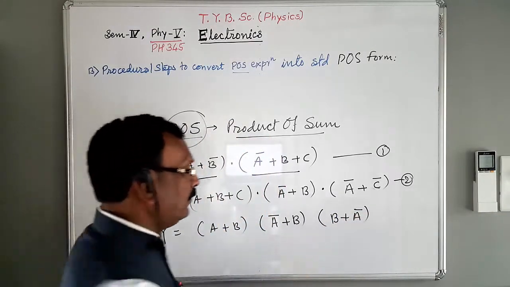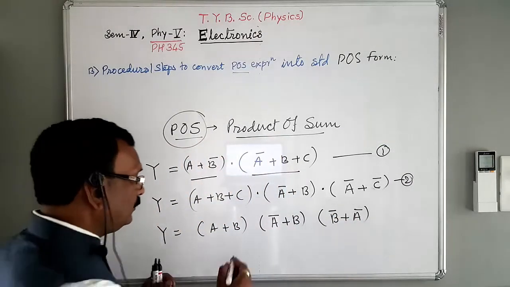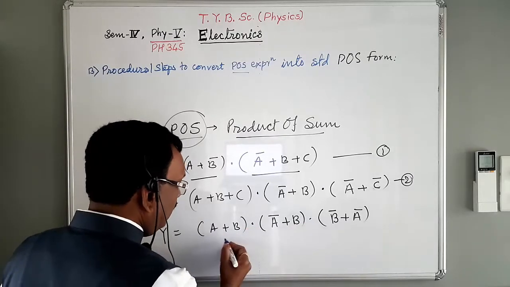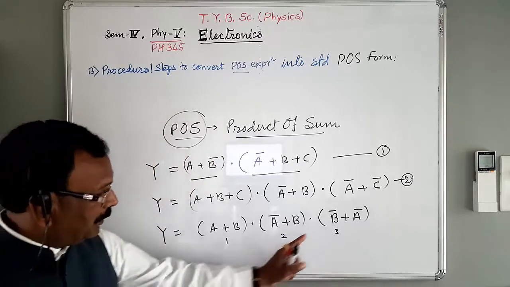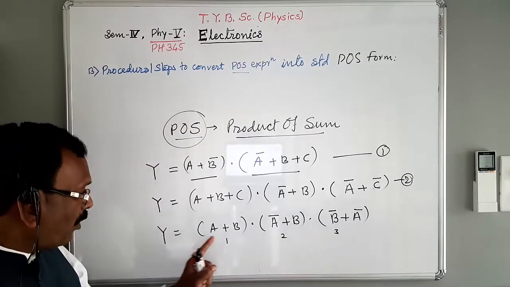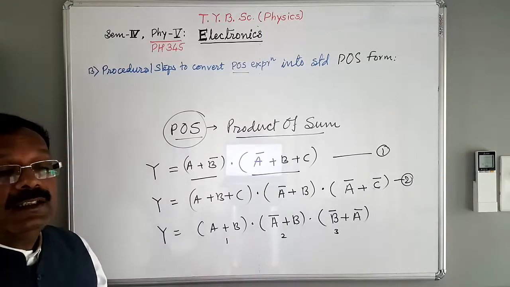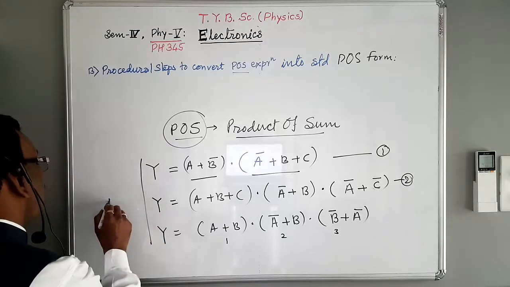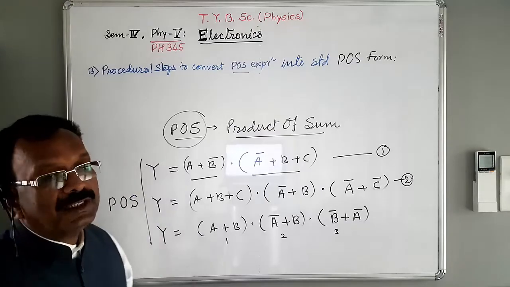Or we can take complements also. So this expression Y is the product of these three sum terms, first, second and third. These 1, 2, 3 are the sum terms, and the product of the first term with the second and third is the expression, and all these expressions are known as product of sum or POS form.